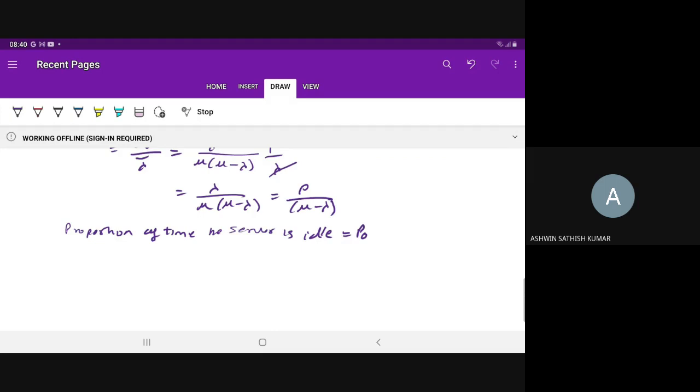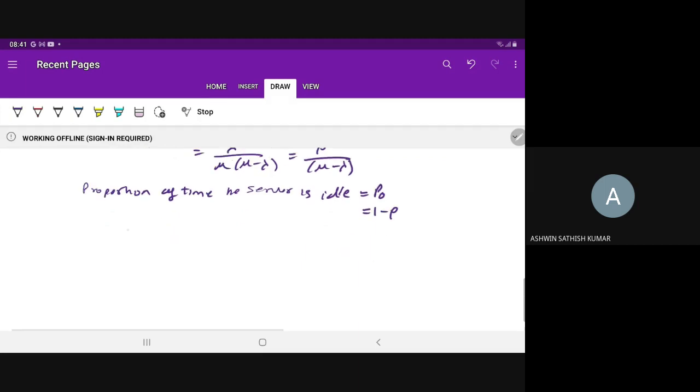Not at t equal to 0 only, but here we are talking about the steady state, so it is independent of time t. It is true that at t equal to 0 the server is idle, but not always. So the server is idle when there is no customer. That is equal to P naught, and P naught is 1 minus rho.